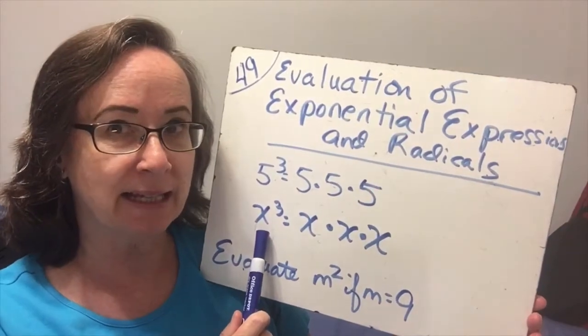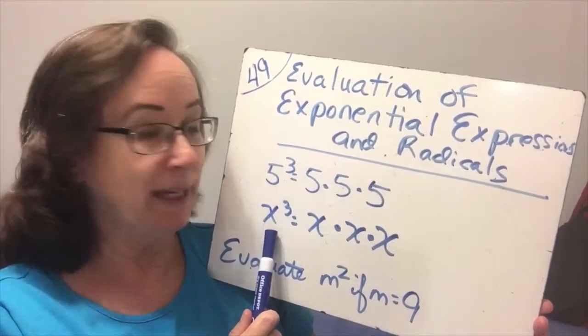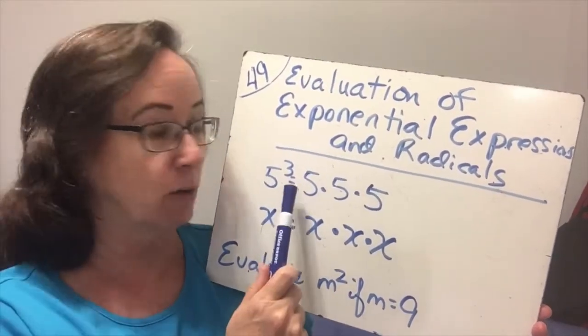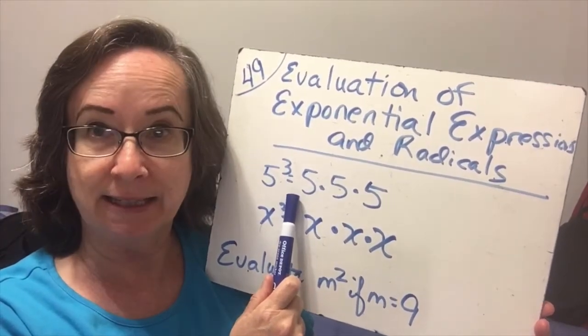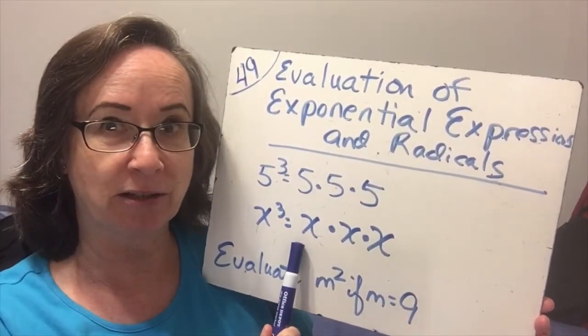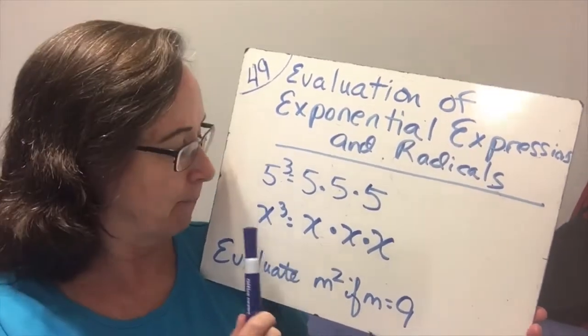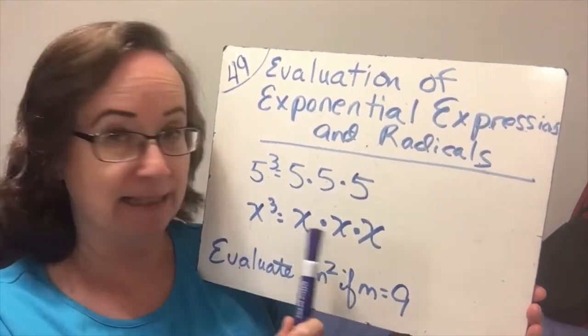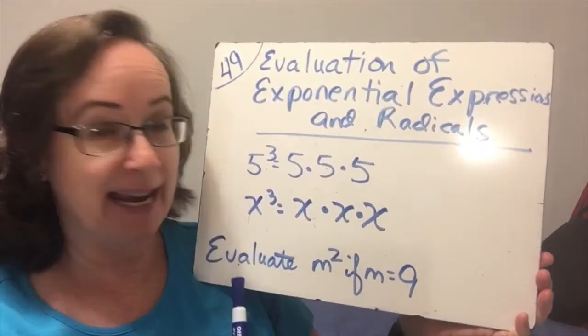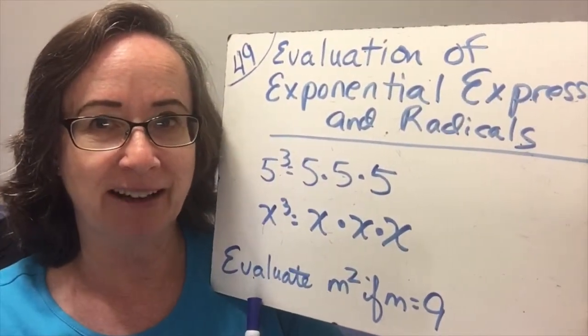So x is a variable. So we can have exponential expressions with constants, or we can have exponential expressions with variables. And sometimes they're both mixed in there. So x cubed is x times x times x. And now we're starting the evaluation.